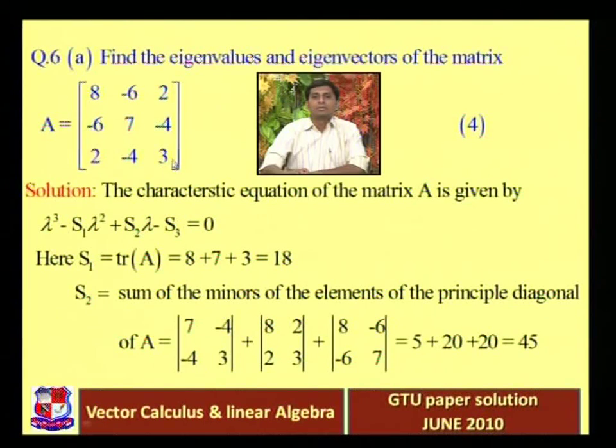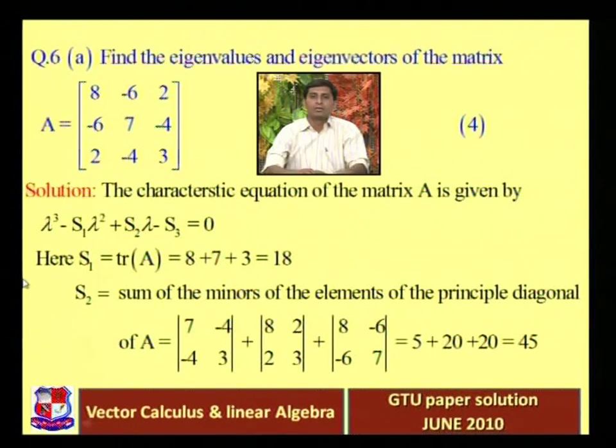Then the minor of 3 is the determinant of 8 minus 6 minus 6 7, clear? So 8 into 7, that is 56 minus 36, so you will again get 20. Add all the minors of the main diagonal entries: 5 plus 20 plus 20, you will get 45.